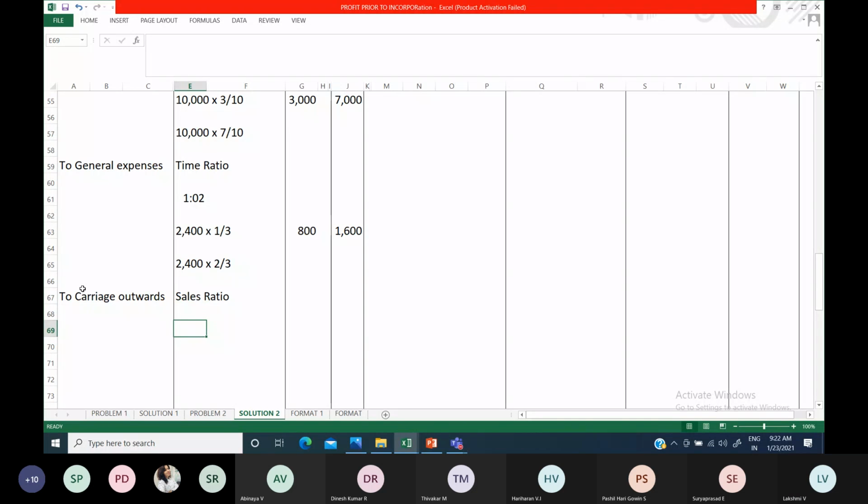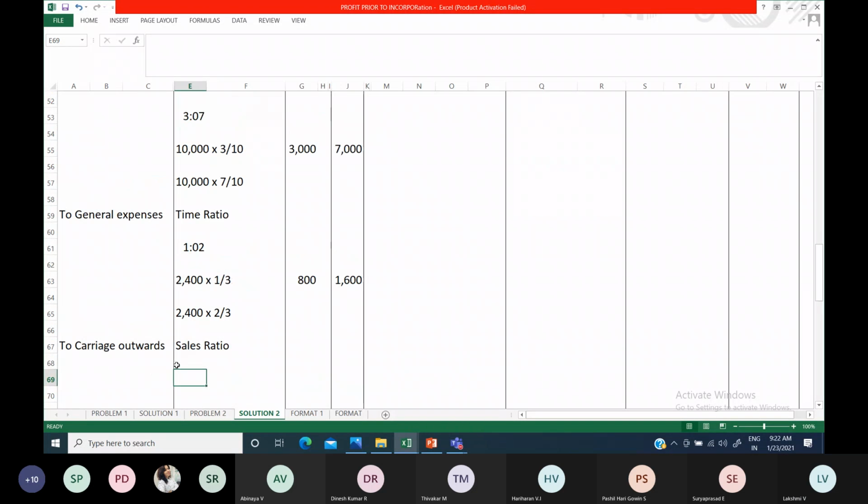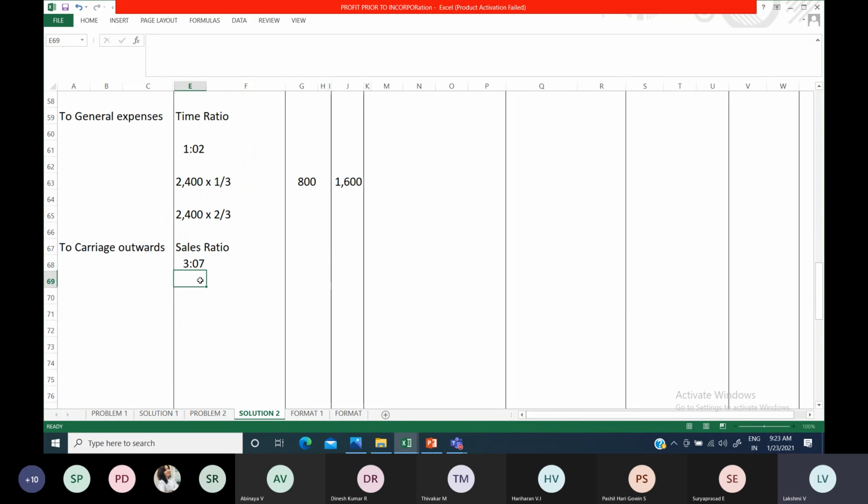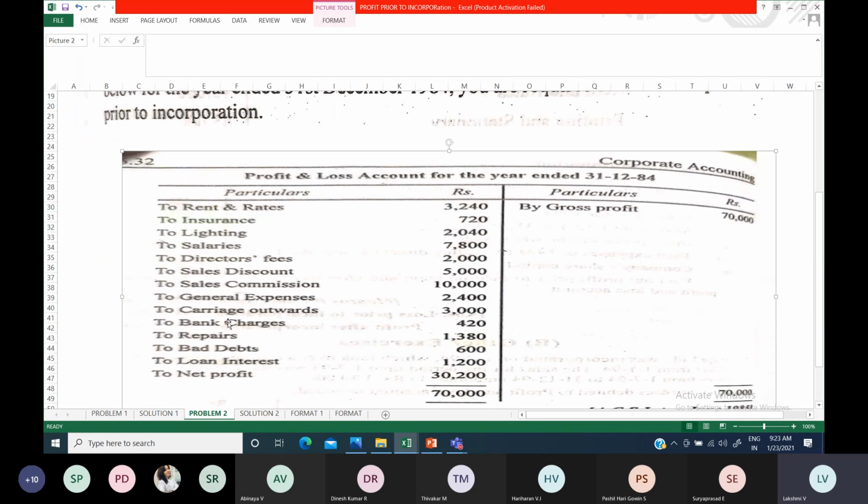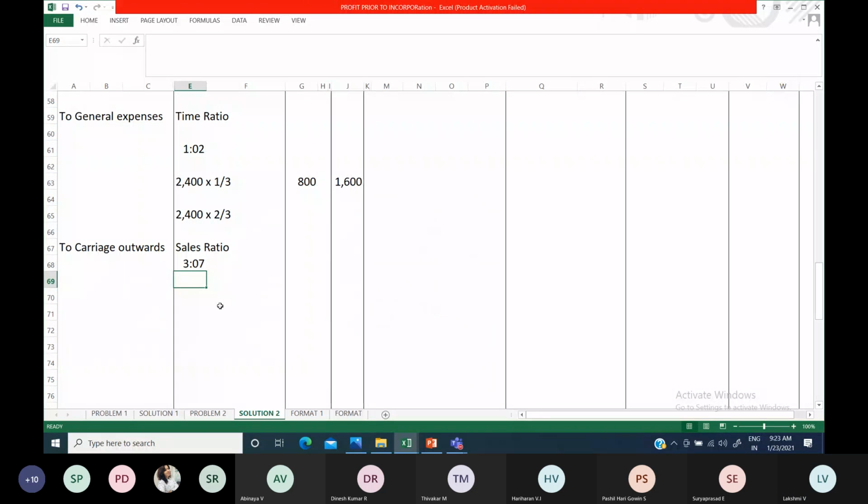Okay, 3:7. The sales ratio is 3:7. So for that, you have to calculate time ratio and sales ratio properly. Then only your amounts, whatever you put under pre-column and post-column, will be right. Okay. So your carriage outwards is 3000. So 3000 into 3 divided by 3 plus 7, 10.